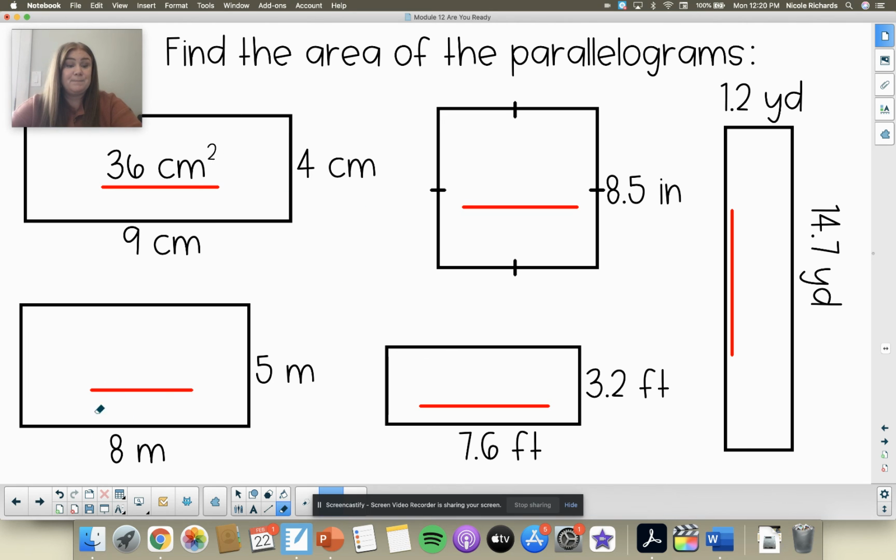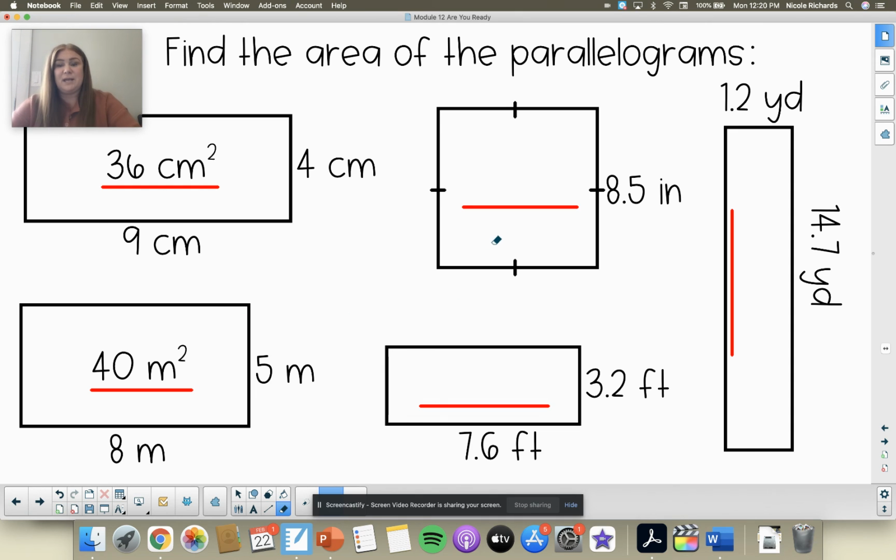Let's come down here. Length is 8. Width is 5. 8 times 5 is 40, and it's meters squared. So in here, there would be 8 units across, 5 this way, makes 40 squares inside of that.